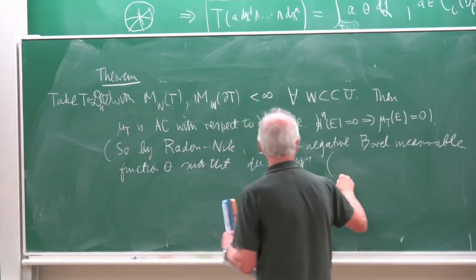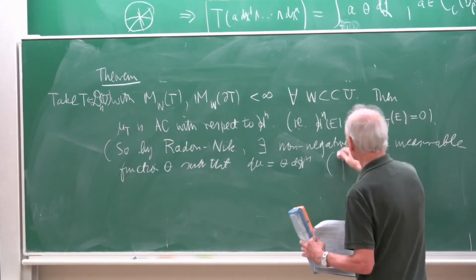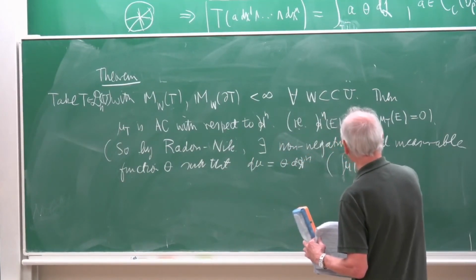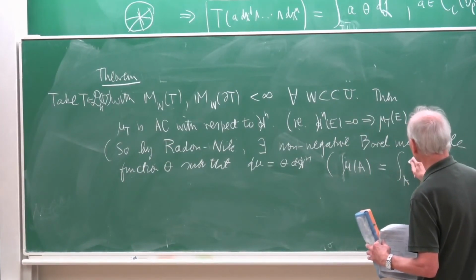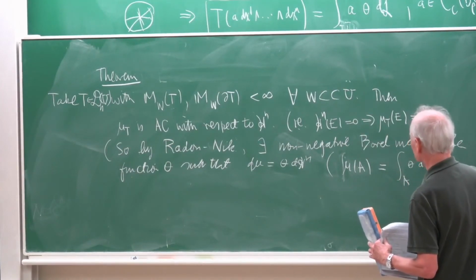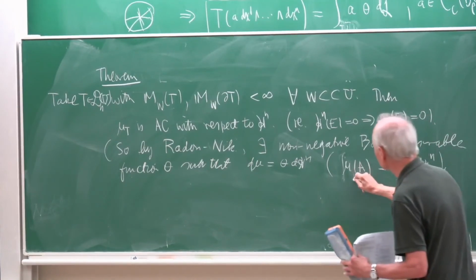In other words, the measure of any Borel set A is just the integral over A of theta dH^n. Measure mu T.